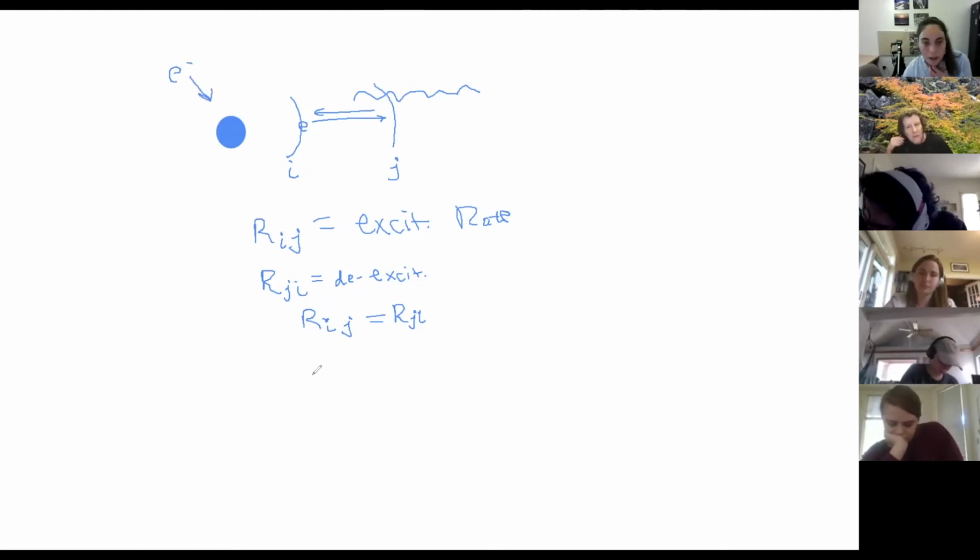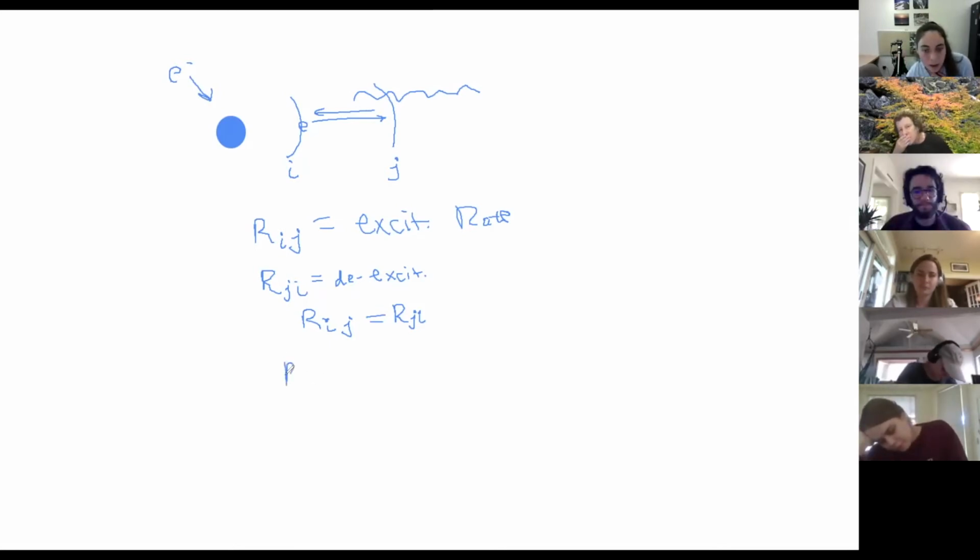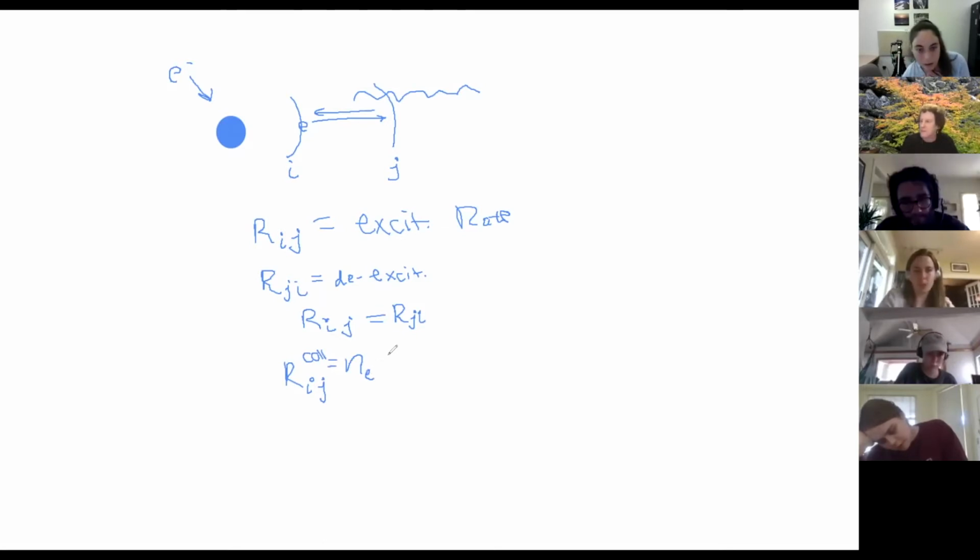as well as de-excitations. So we can write our collisional excitation rate, R_I to J, I'm going to call it collisional, is going to be equal to the density of electrons, which are bouncing into our ion, times the density of the thing actually doing the emitting, and then times the collisional coefficient alpha.